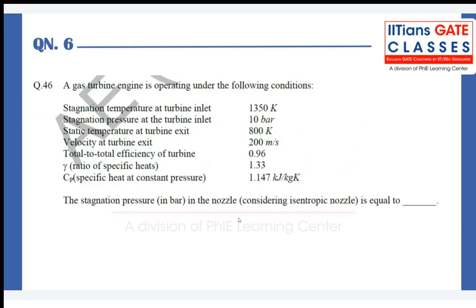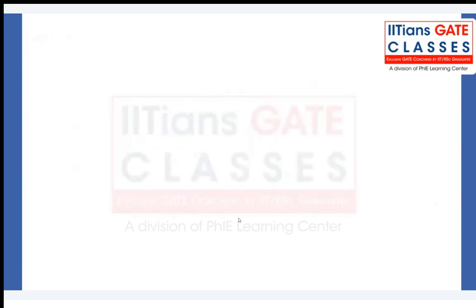It's a very straightforward question, but they have asked it in an indirect way. So let us try to draw the control volume for the given condition. So I have a turbojet engine kind of thing.